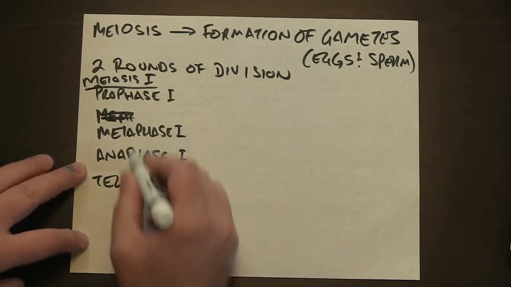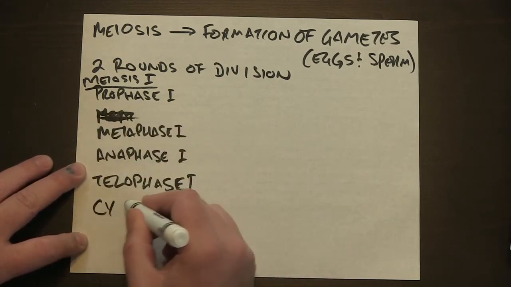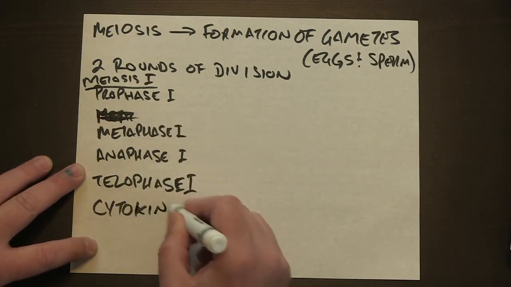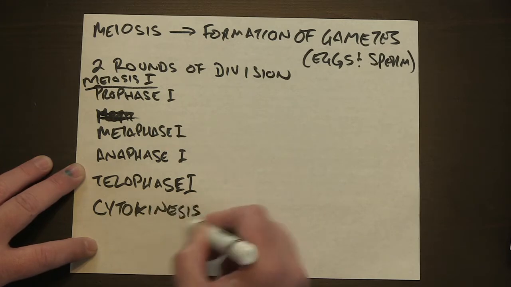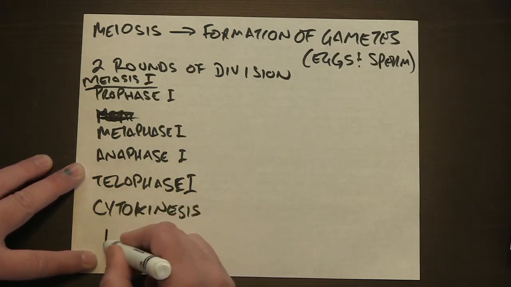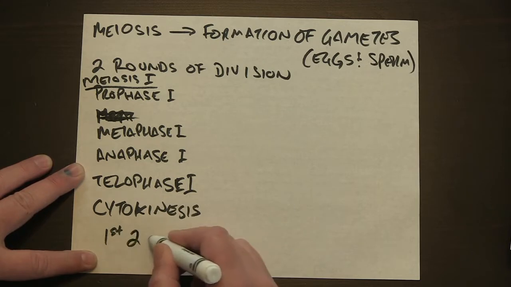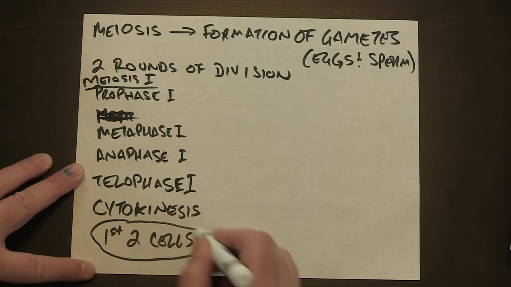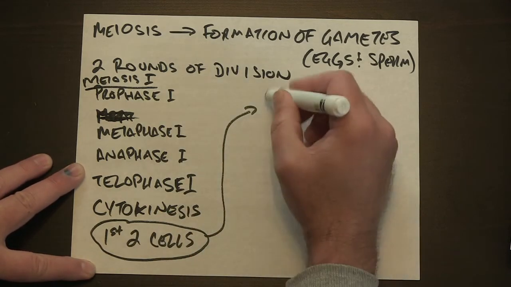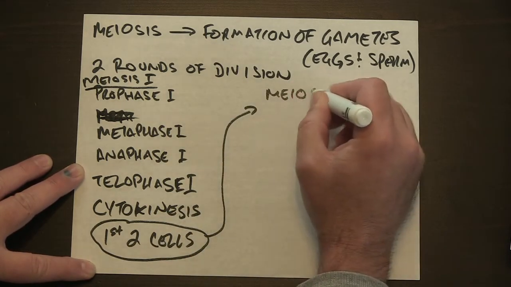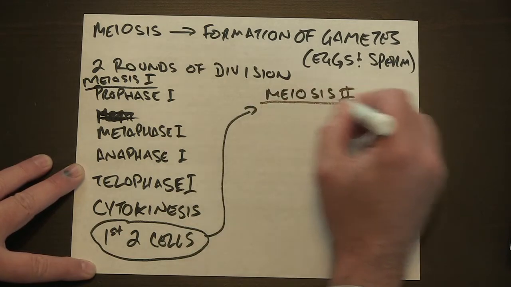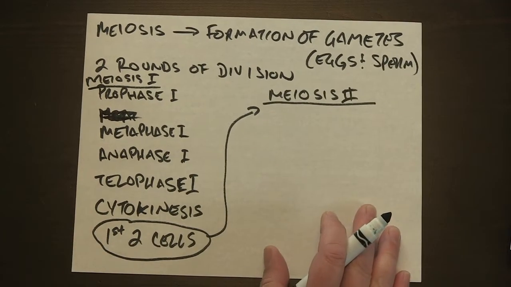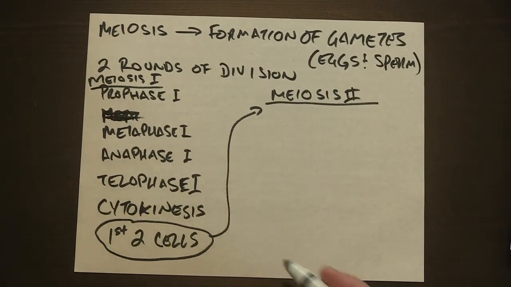And then the cells actually divide into 2 in the first round during cytokinesis. So this creates the first 2 cells, and then those cells are going to divide again in meiosis 2.